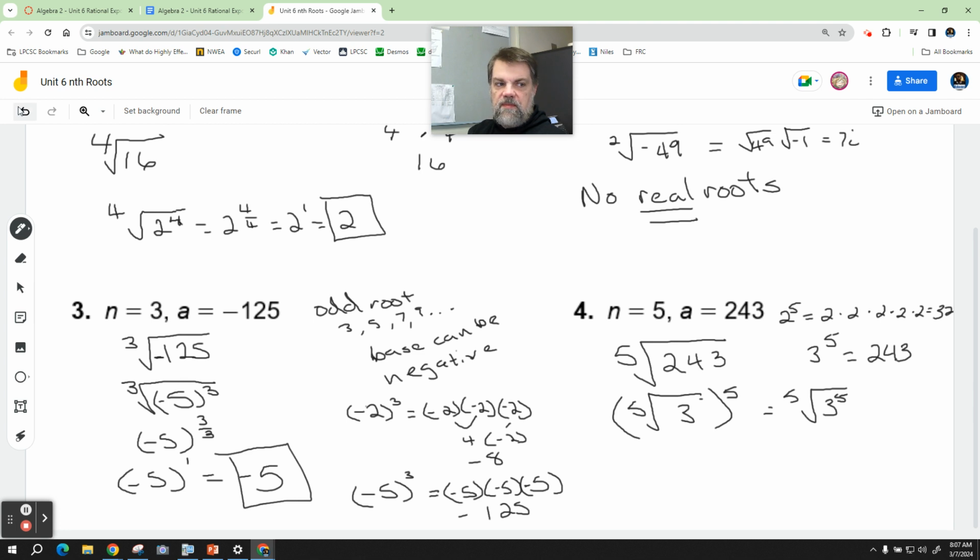Yeah, that's a little messy. Let's clean that up a little bit. All right. So either way, that becomes 3 raised to the 5 over 5, which becomes 3 raised to the first power. Anything raised to the first power is itself. And so the answer is 3.